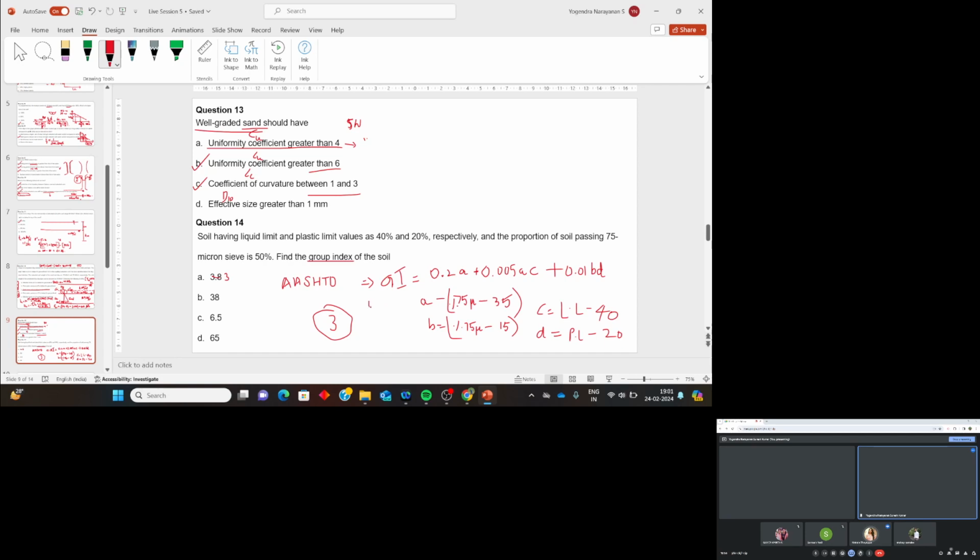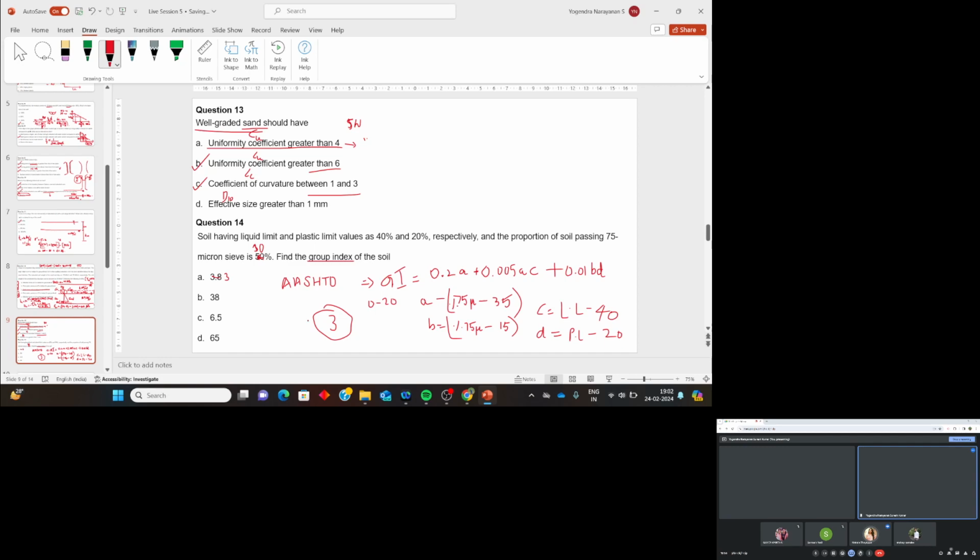0 to 20. Now, if the percentage finer is, let us say, 30%, now calculate the group index. Please change the percentage passing from 50% to 30%, and you calculate now. -1.